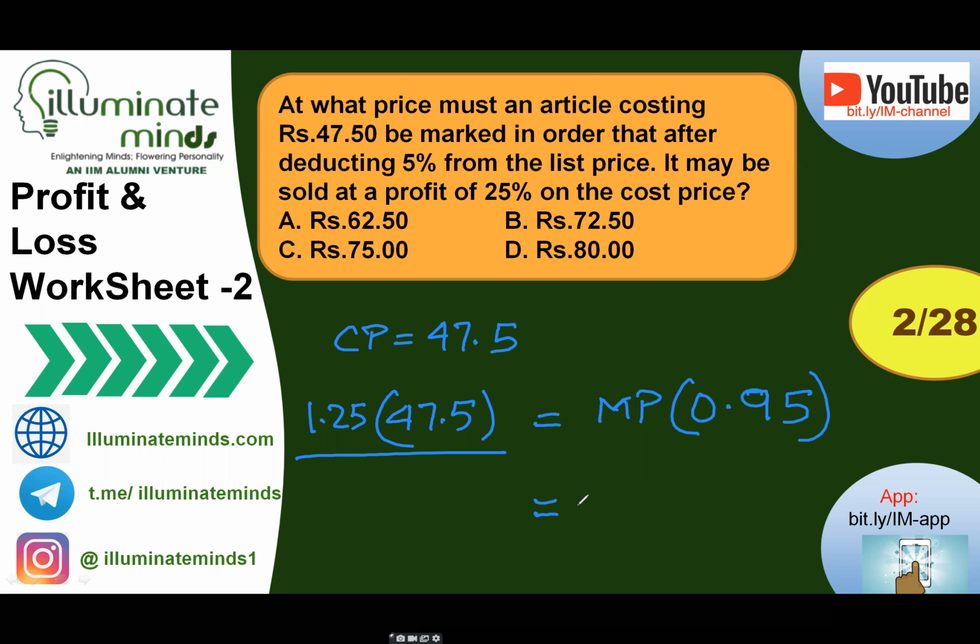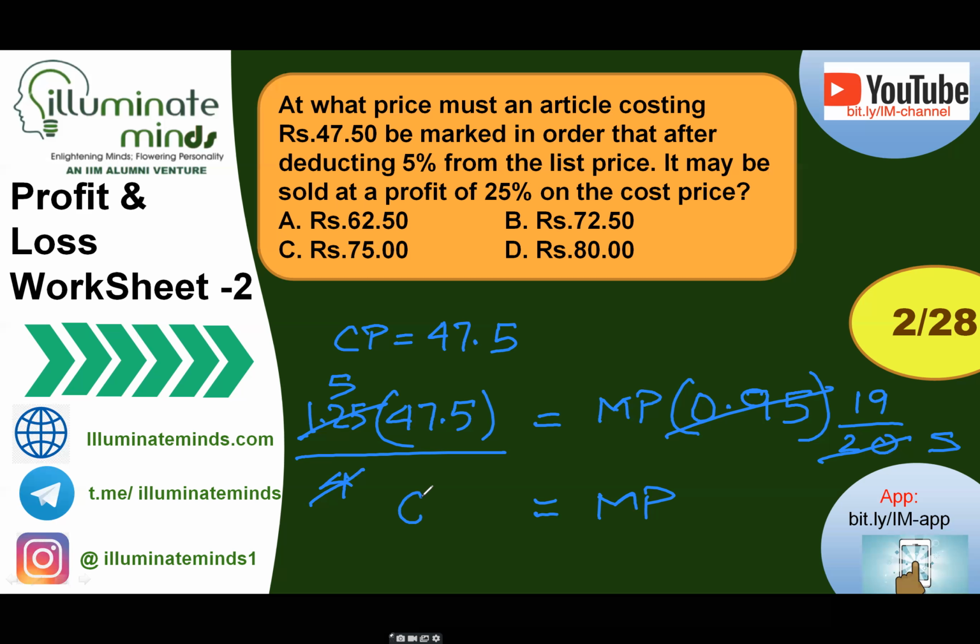Okay, so now the calculations are required. So this is 19/20, and this is 5/4. Now the mark price will be equal to 25 into 47.5 divided by 19.